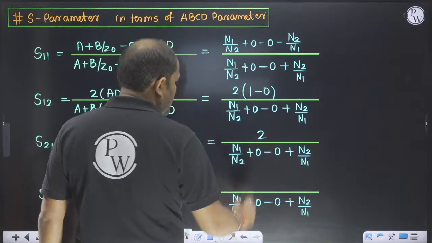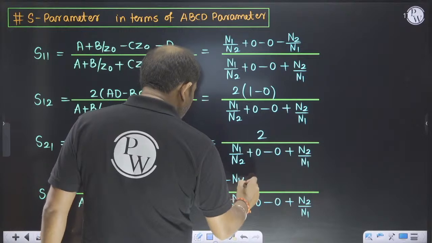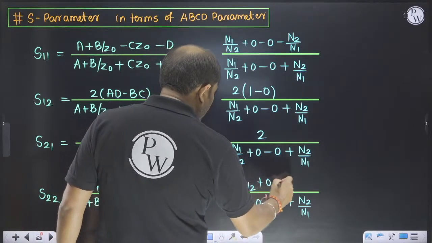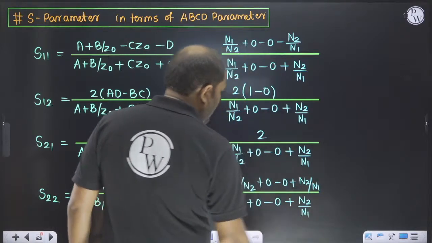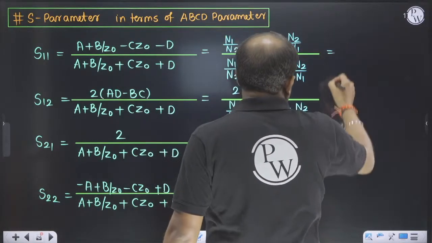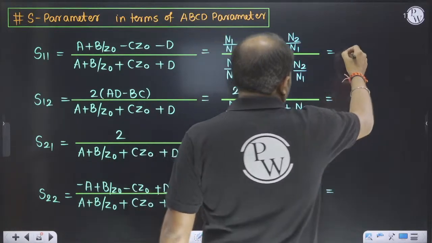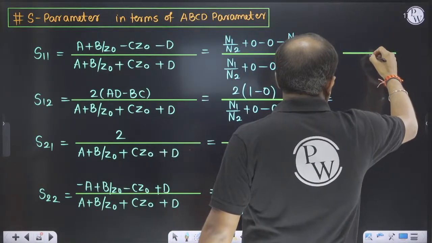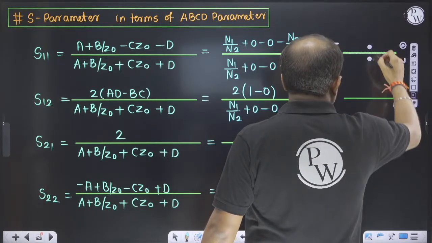This one is 2, and this one is minus N1 by N2, 0, 0, plus N2 by N1. So the ratio will be very easy to understand, and very useful.